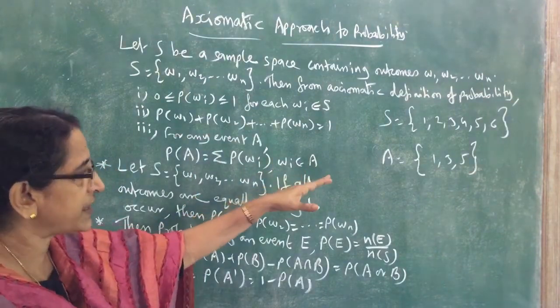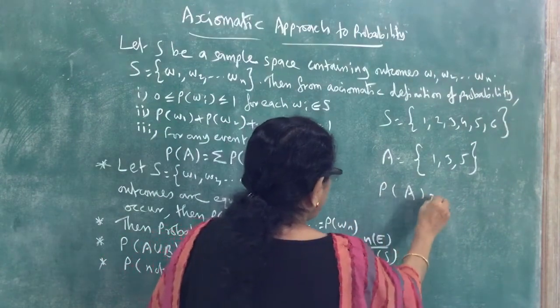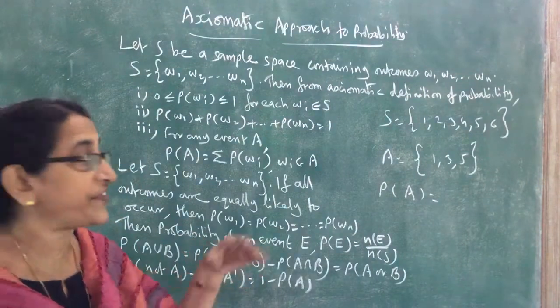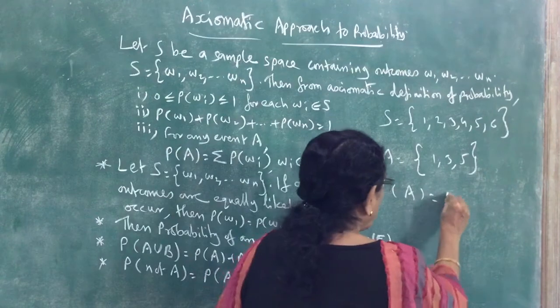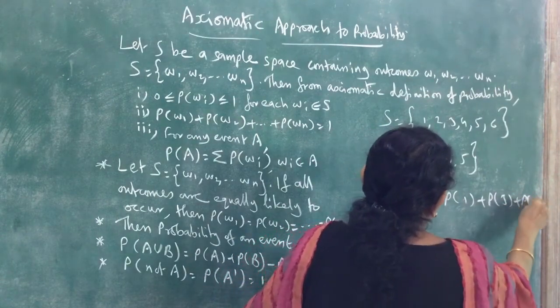So the probability of the event A is equal to the sum of the probabilities of the elements of A. That means probability of getting 1 plus probability of getting 3 plus probability of getting 5.